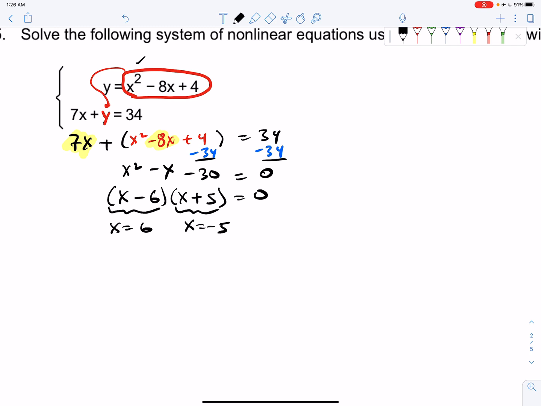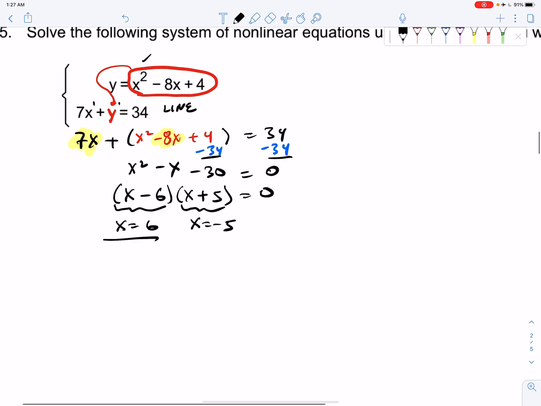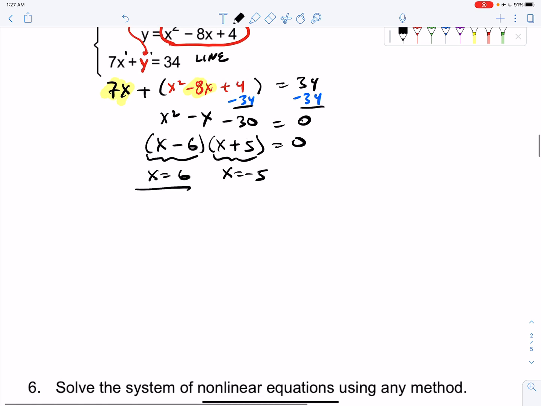So I would like to take this equation right here, which is just a line, meaning x is to the first power, y is to the first power. I don't have to worry so much about that. So I'm going to take equation number 2 to get my y value. So equation number 2 just says 7 times x plus y equals 34.